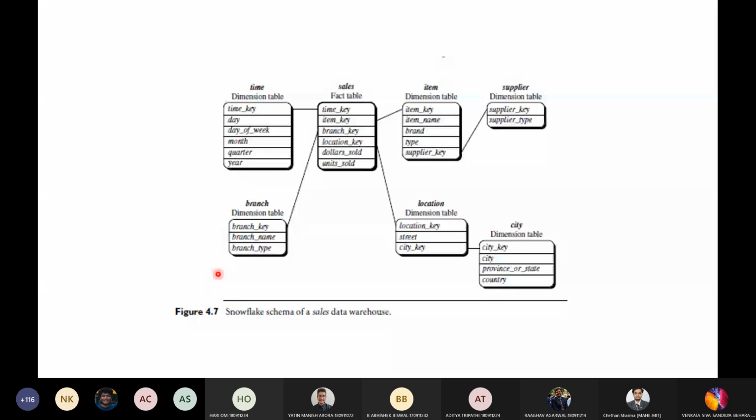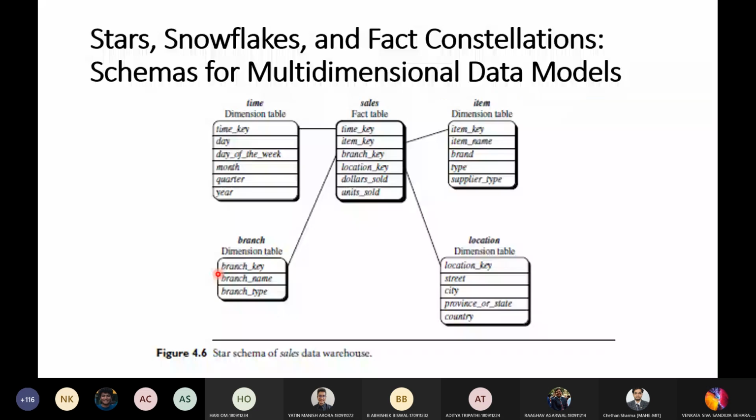As you can see, the location key and street are retained. Instead of putting everything with respect to a city in one single table, they have made a city key. For that, they have kept a different dimension table, the city dimension table, which was not present here.